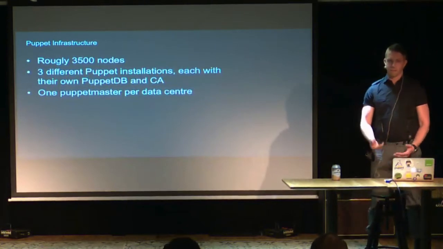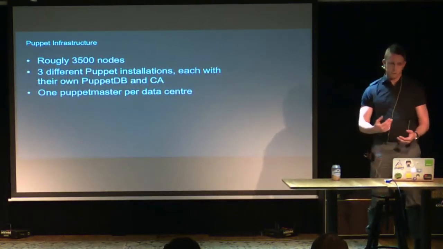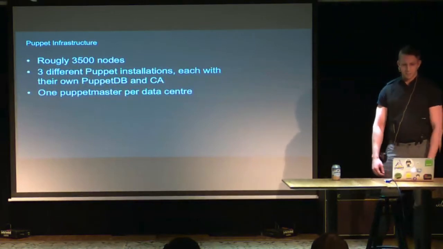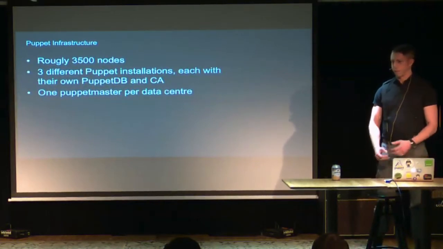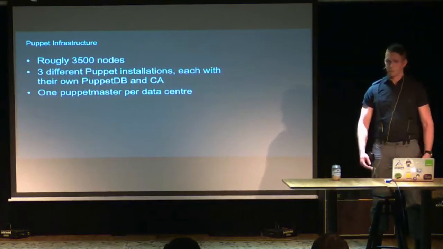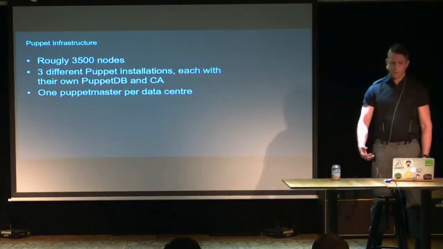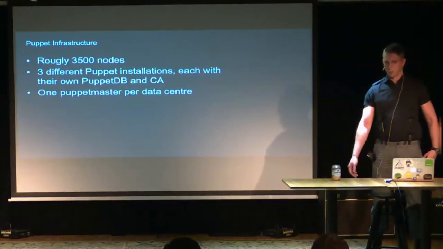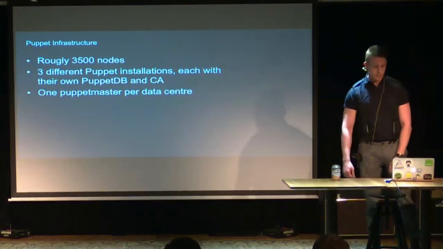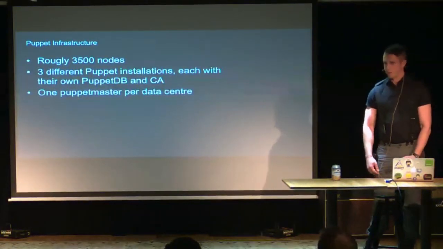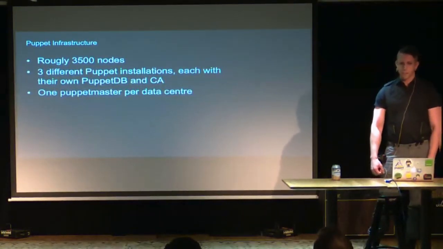One for the testing environment, one for all the laptops and desktops, IT, Puppet Master, and then there's an installation for the production environment. And that's actually 3 different Puppet Masters, but they're sharing the same certificate authority and the same PuppetDB installation. So I have 3 different certificate authorities and 3 different PuppetDBs as well.